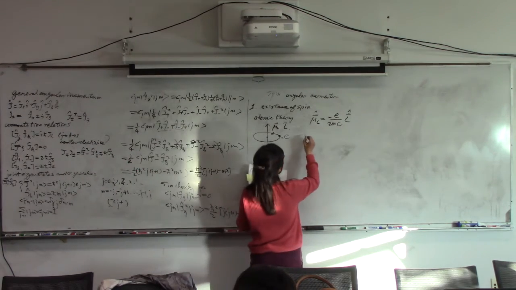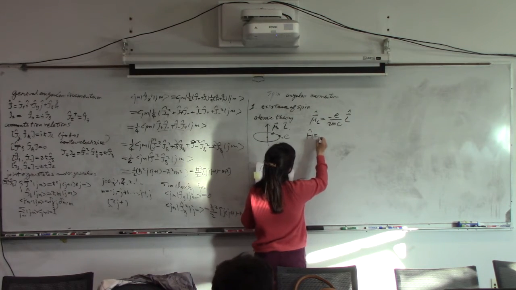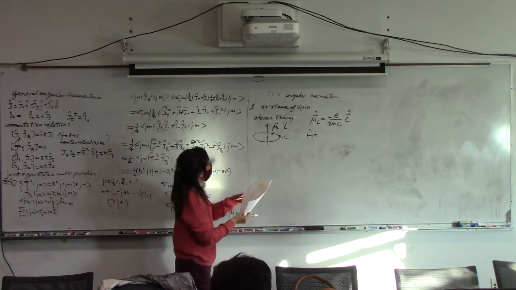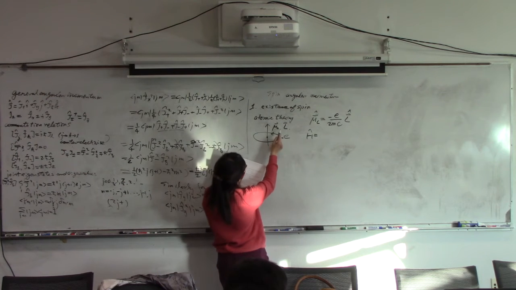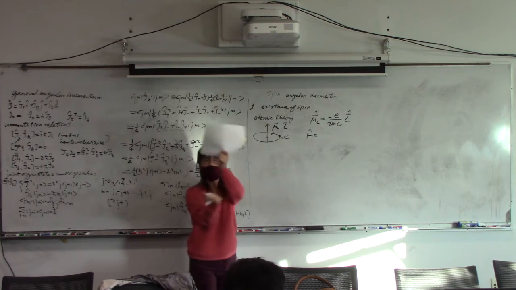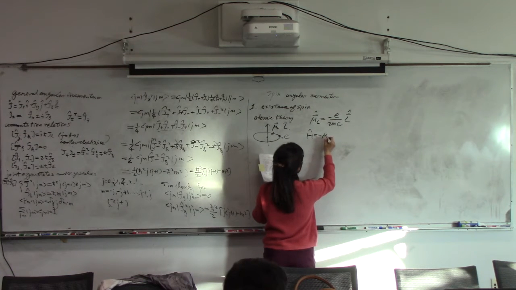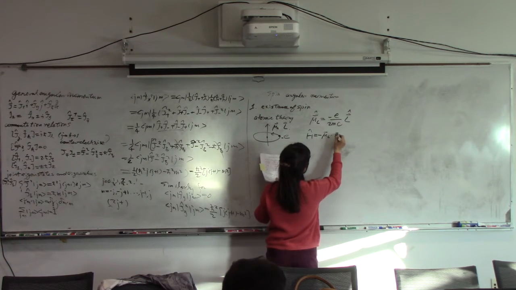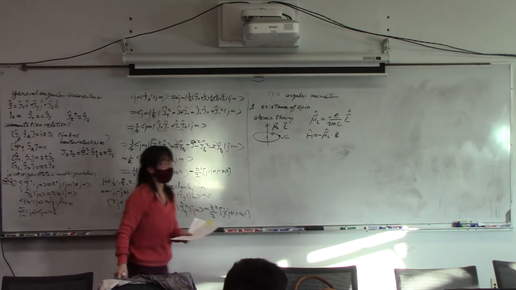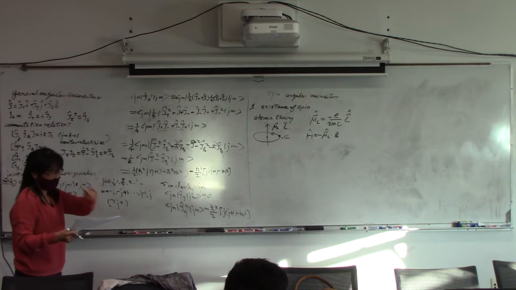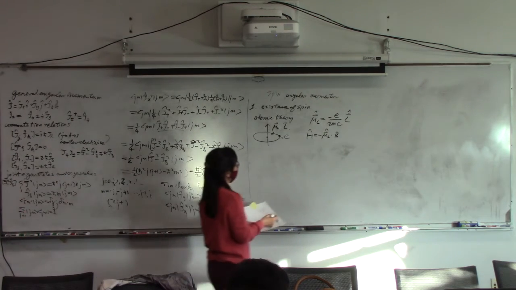Therefore, the Hamiltonian, when we place it into the magnetic field, the interaction between the magnetic moment and the magnetic field generates additional energy, right? That is negative, the product between the magnetic moment and the field.